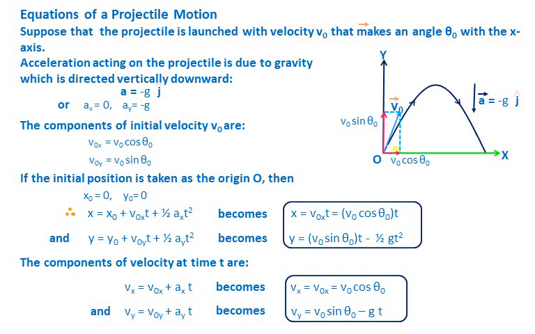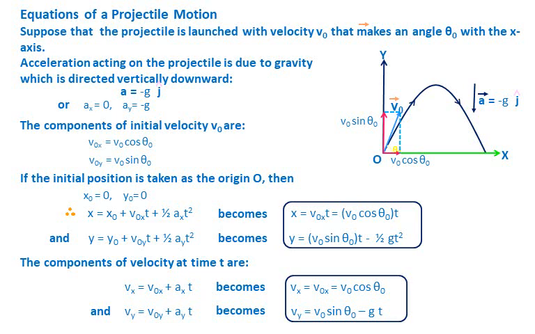This component first decreases, becomes zero at the highest point, after which it again increases till the projectile hits the ground. Under the combined effect of the above two components, the body follows the parabolic path as shown in the figure.